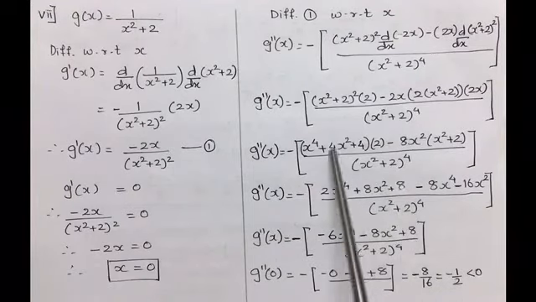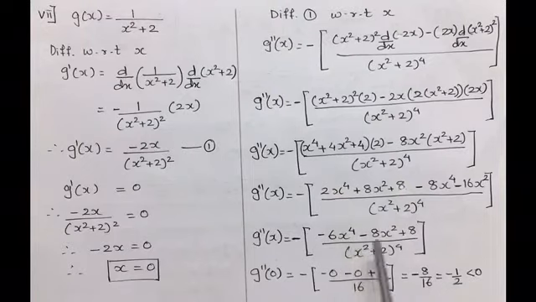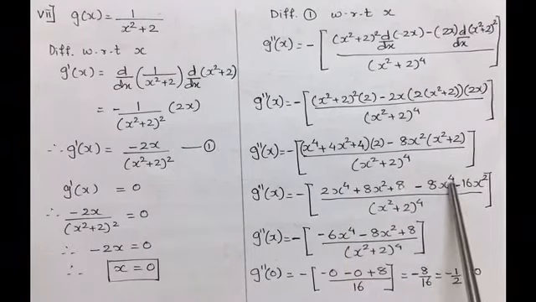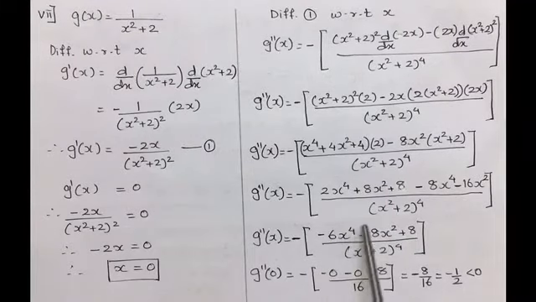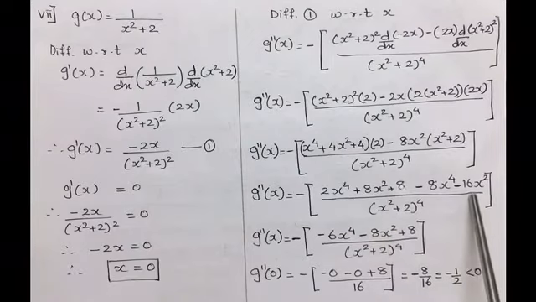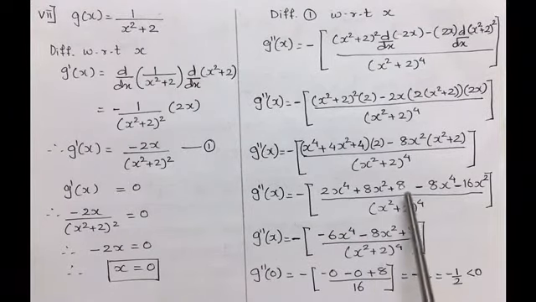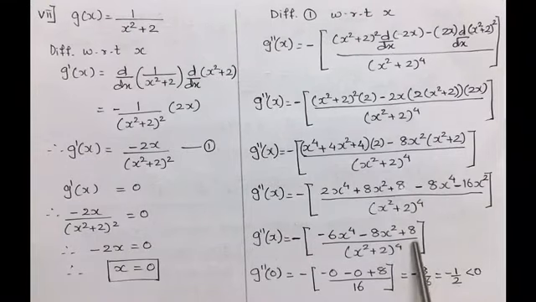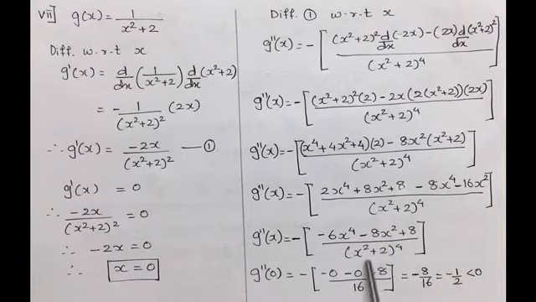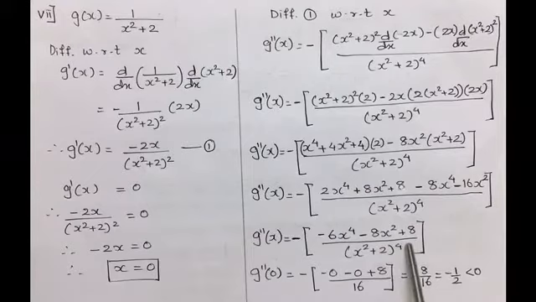Operating 2x raised to 4 and minus 8x raised to 4, we get minus 6x raised to 4, 8x square minus 16x square makes it minus 8x square, and 8 is as it is, divided by x square plus 2 whole raised to 4.